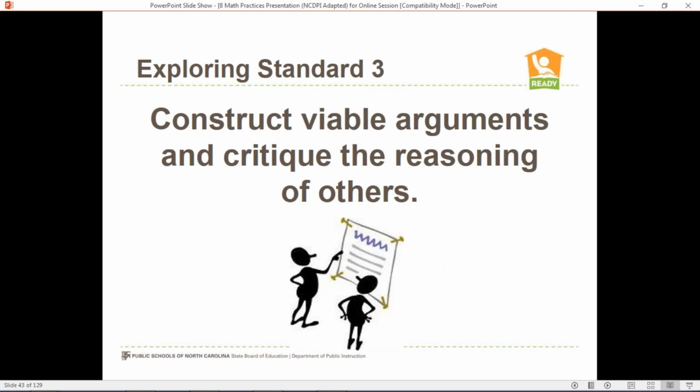And so that brings us up to our third standard, which is constructing viable arguments and critiquing the reasoning of others. And when I think about this one, I think about the National Board process for teachers, because a lot of it asks you to demonstrate that kids are talking to one another about whether it's math or science or anything else.